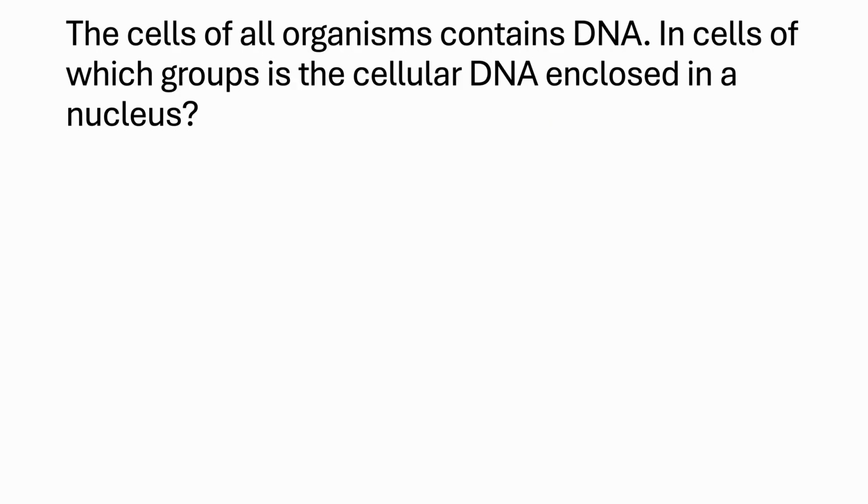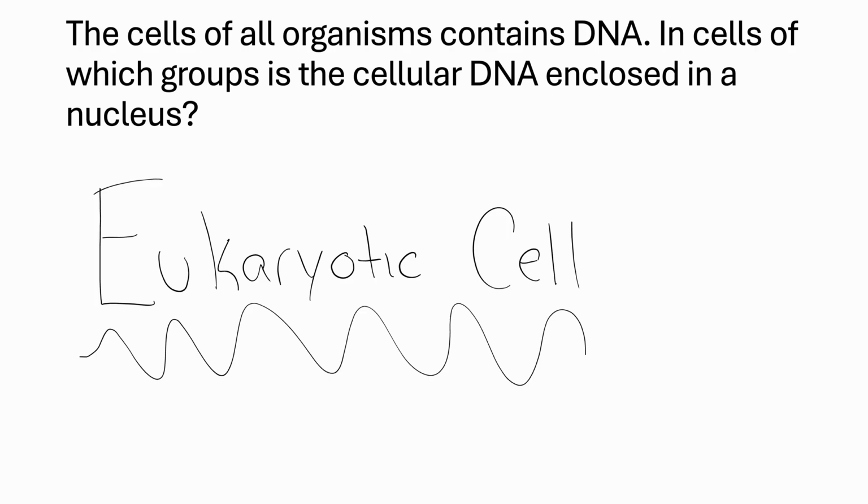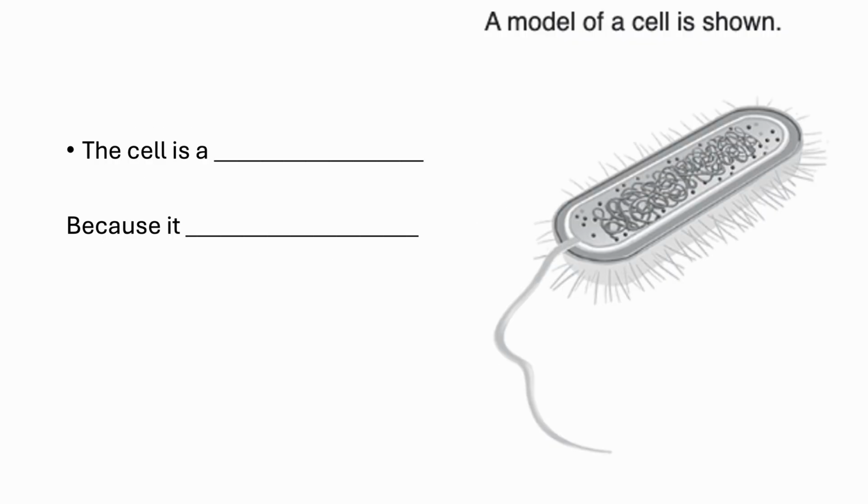So the cells of all organisms contain DNA, whether it's prokaryotic or eukaryotic. So in cells of which group is the cellular DNA enclosed in a nucleus? That is going to be a eukaryotic cell. A nucleus is found within that structure.